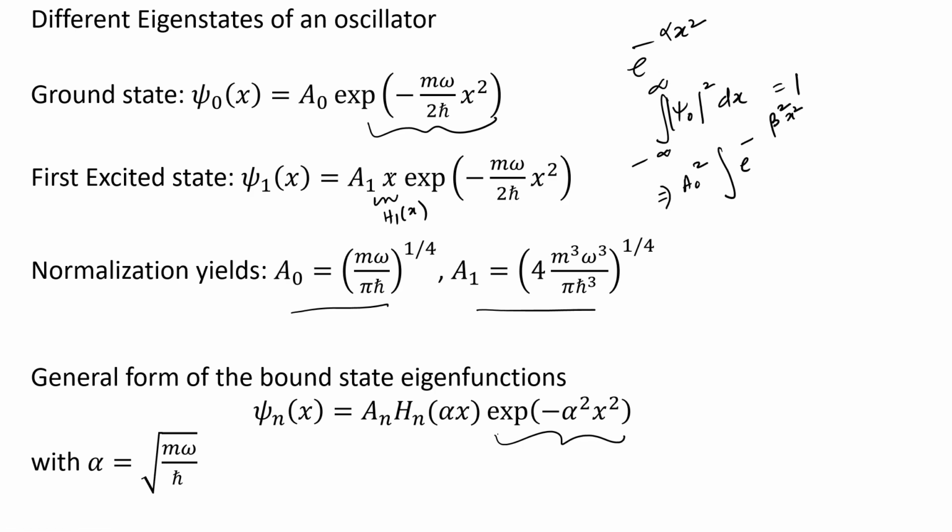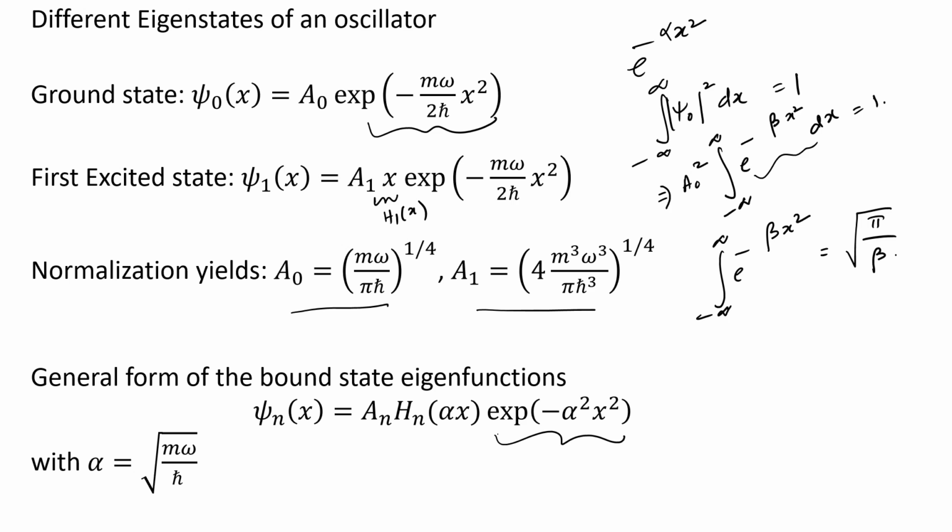So, beta is something that can be written in terms of alpha, and this is nothing but a Gaussian integral. Exponential minus beta x square from minus infinity to plus infinity has a standard value which is equal to root over pi by beta. Then put it here and make that equal to 1, and you can get a0, which is obtained as m omega by pi h cross whole to the power 1/4.